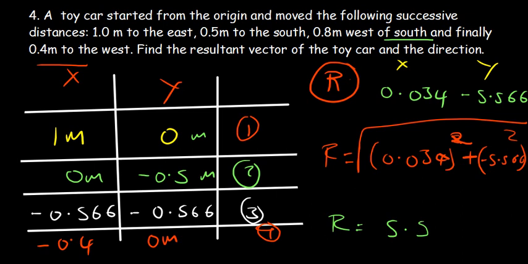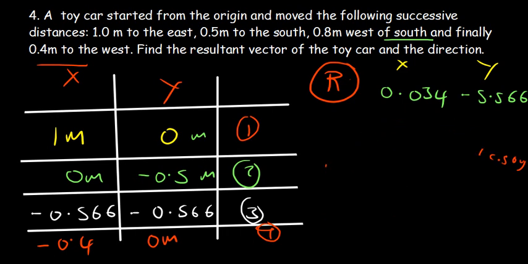Let's review our calculations. Let's review our y component. So 0 plus negative 0.5, so negative 0.5 plus negative 0.566.